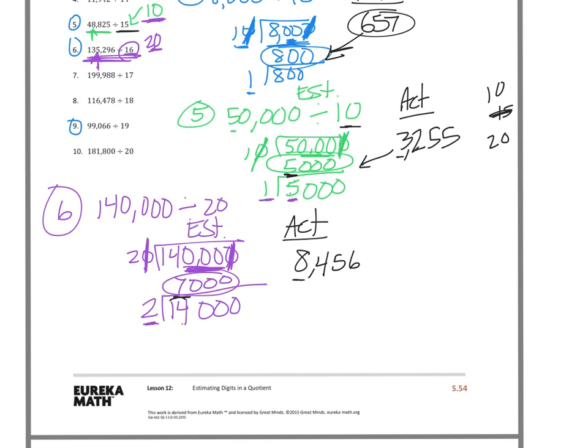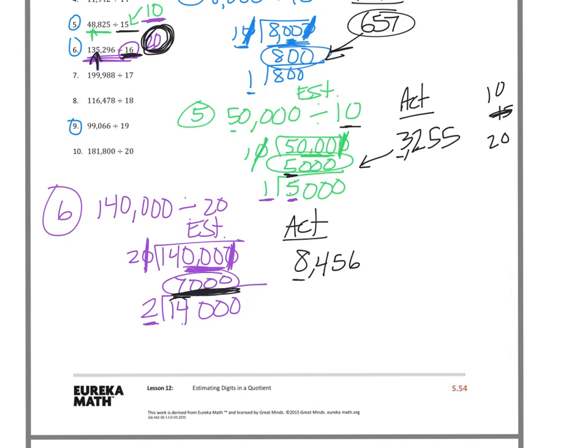Same thing as we had just above. Because we're not very close to 20, we're like 4 away, our actual is going to be quite a bit different than our estimate. And part of the reason is we made our divisor bigger by going to 20. So that's going to make our quotient smaller because we're breaking it into more pieces. Even though we rounded this up, we made more groups to break it into.